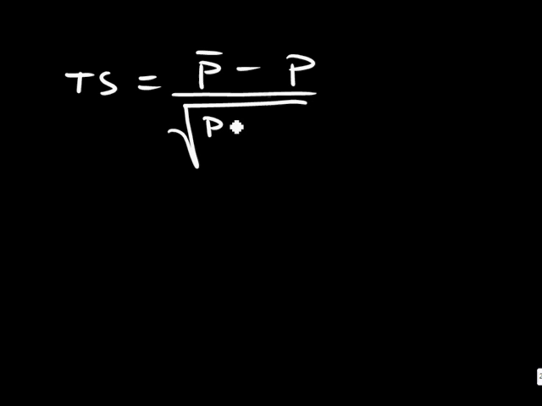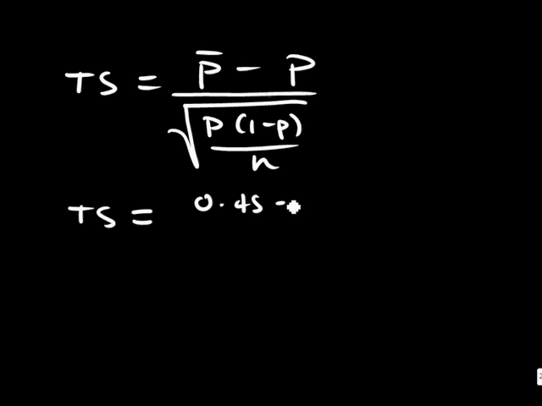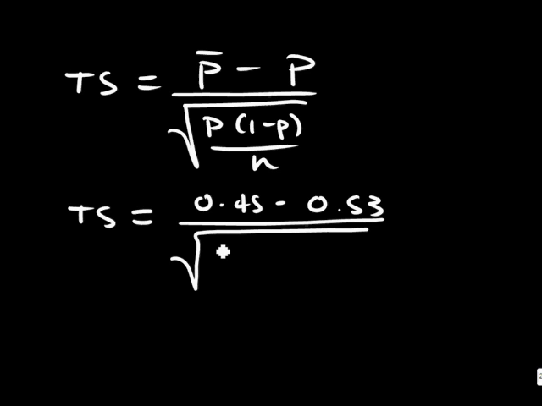Using the test statistic, that's our sample proportion minus a true proportion, divided by the square root of the true proportion times its complement over the sample size. 0.45 minus 0.53, over the square root of 0.53 times the complement 0.47 over the 100.